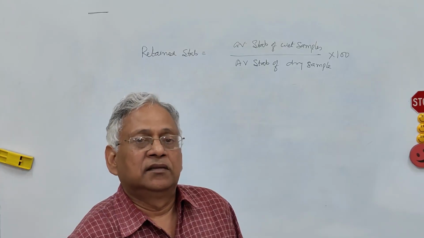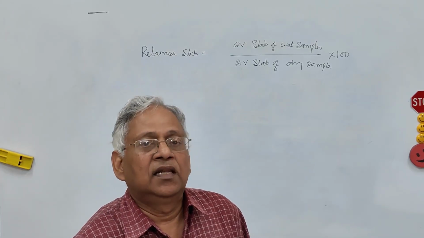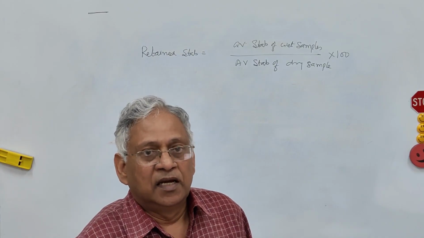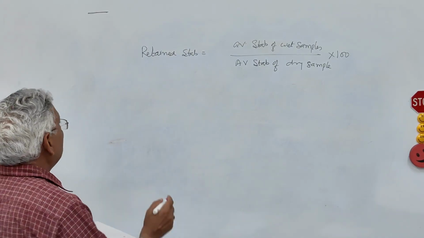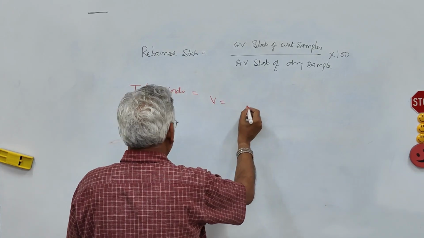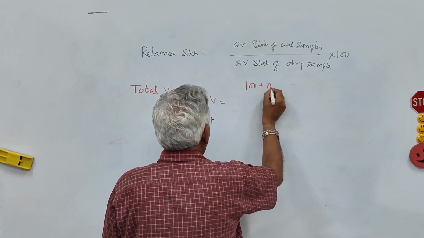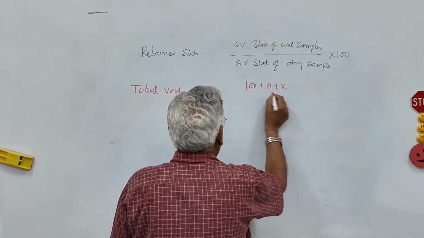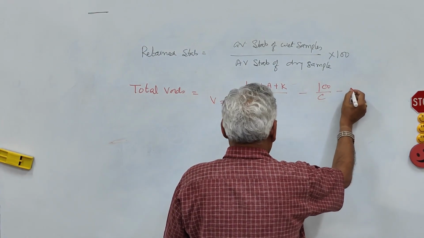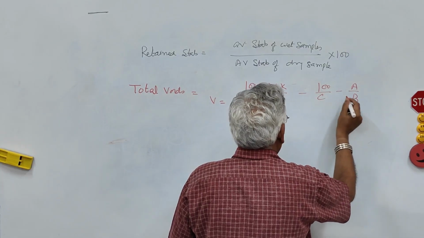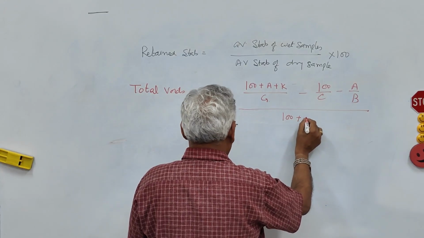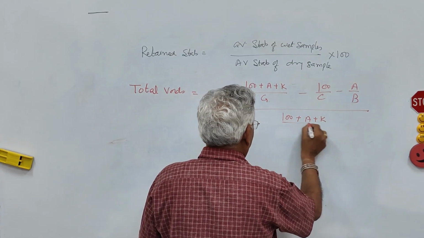Now once you complete the testing of all specimens, the last step is to carry out density and voids analysis. Here, total voids in the mix V is equal to (100 plus A plus K)/G minus 100/C minus A/B, divided by (100 plus A plus K)/G.